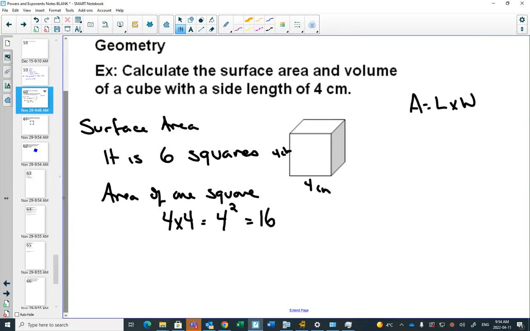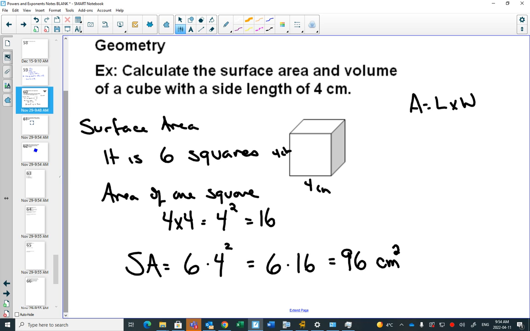And so our total surface area, if it's 6 squares, would you agree that it would be 6 times 4 squared, or 6 times 16, which is 96. That's not bad looking 6. 96, and since our units are centimeters, we have to include centimeters squared. Circle that. That is our surface area.